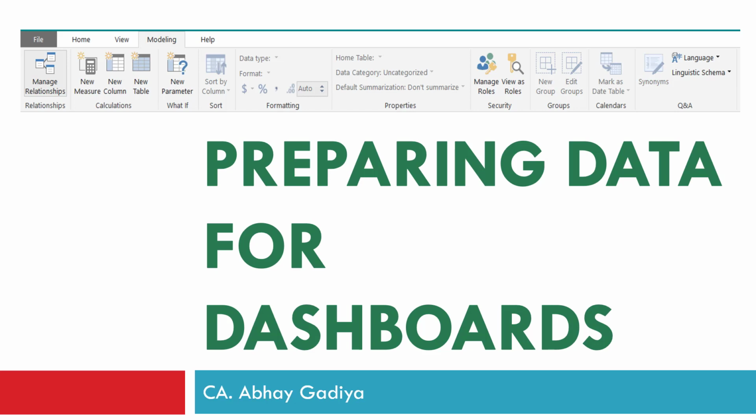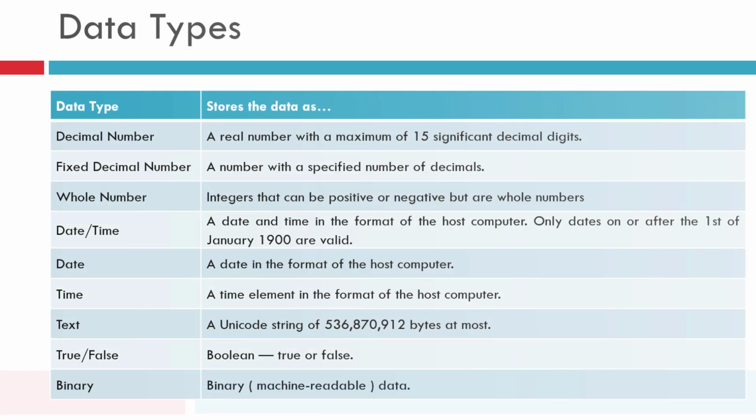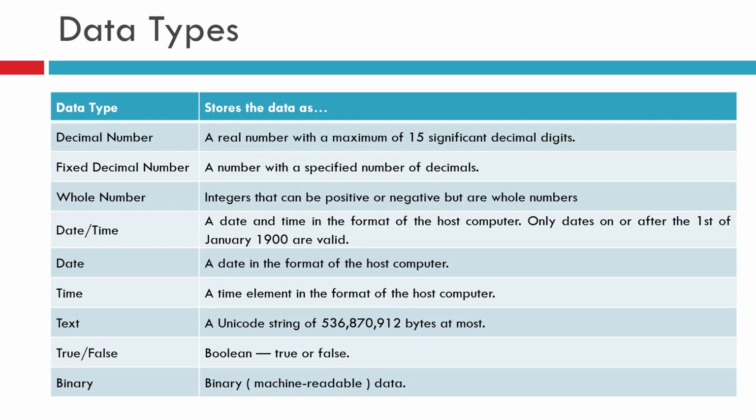So let us understand the various data types currently available and how to assign these to a particular column inside Power BI Desktop. Now on screen you can see the list of all the data types which are available. The first one is decimal number, which simply saves the number with a maximum of 15 decimal digits.